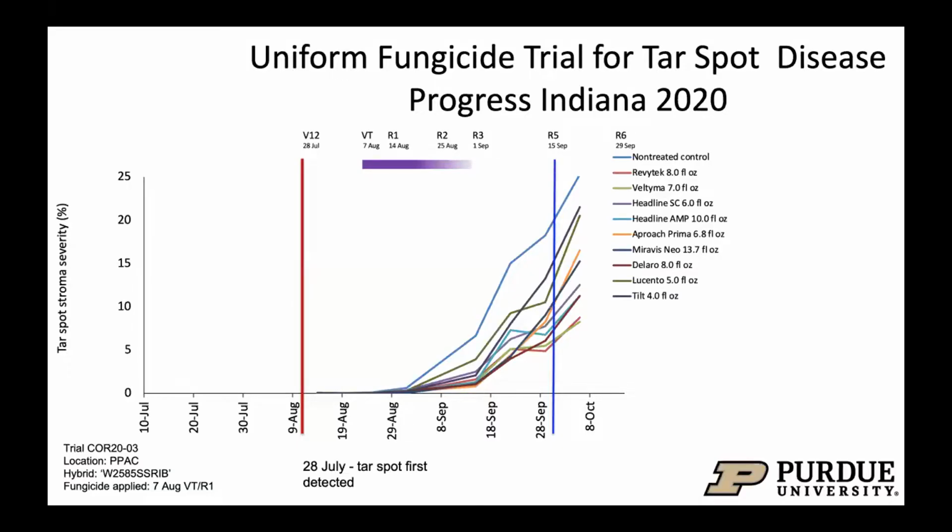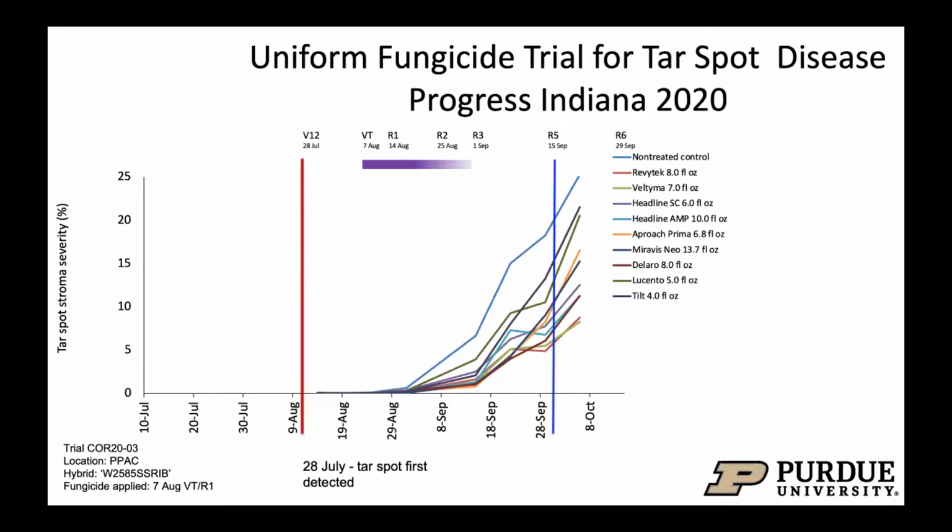If you look in this graph, and this is a study in Indiana in 2020. If you look at that solid red line at the late vegetative stage, this was the first stromata of the fungus detected in this field, but it's really not forming much severity of these stromata until we get into the early reproductive stages.